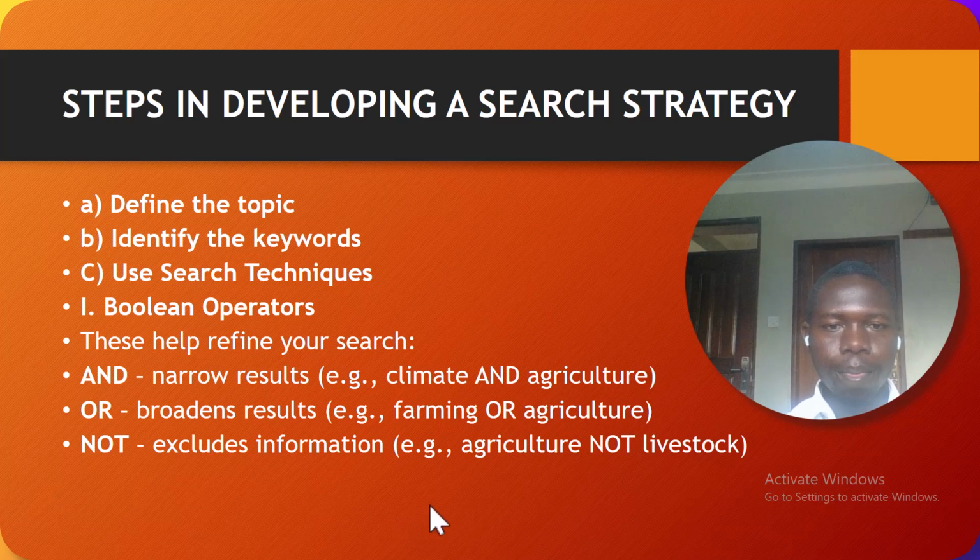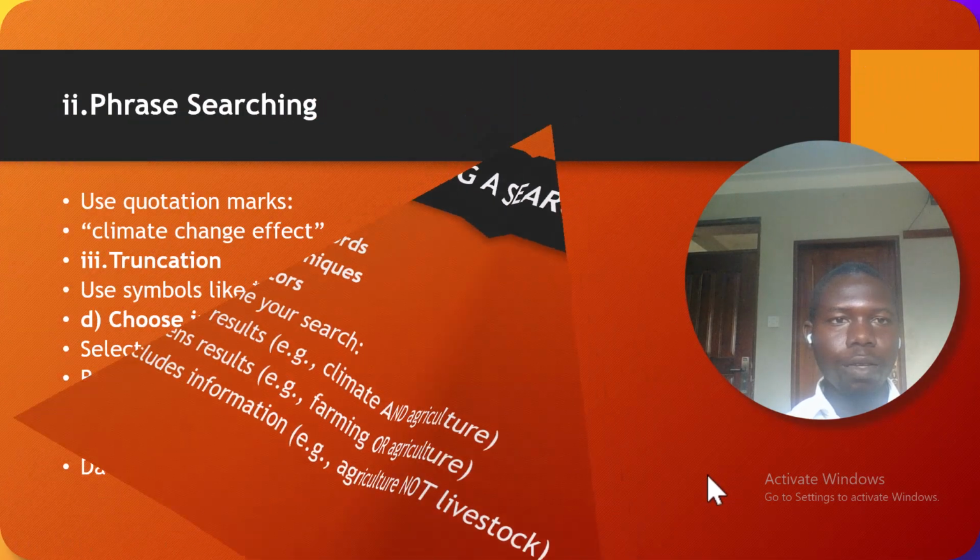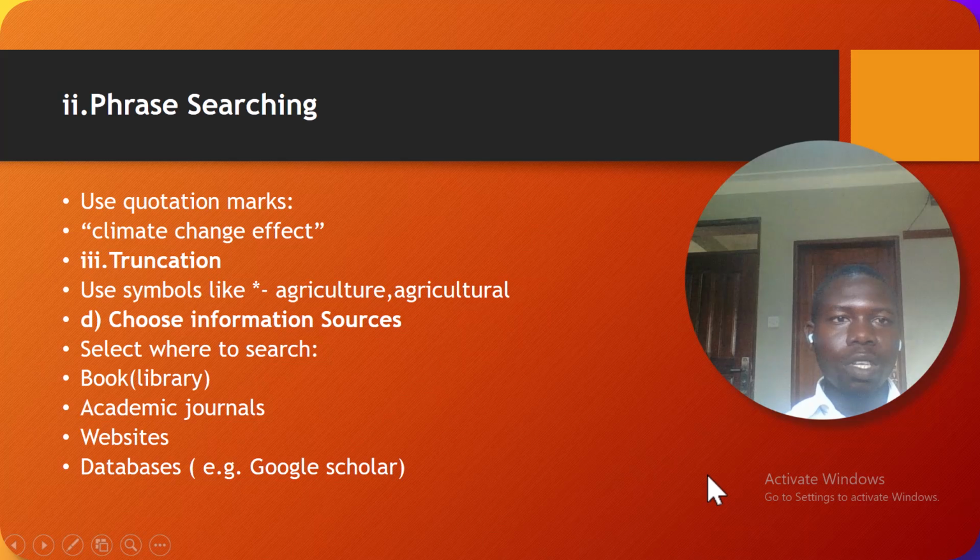It's also necessary for us to see the second, which is phrase searching. You can use quotation marks. Let me just say like that, "climate change effect", as you can see there. The third is use of truncation, use of symbols like an asterisk, you can see there, agricultur* for agriculture or agricultural.